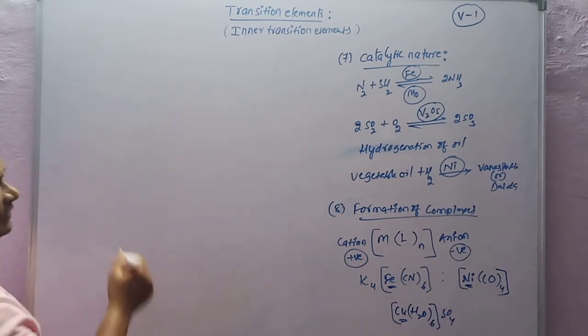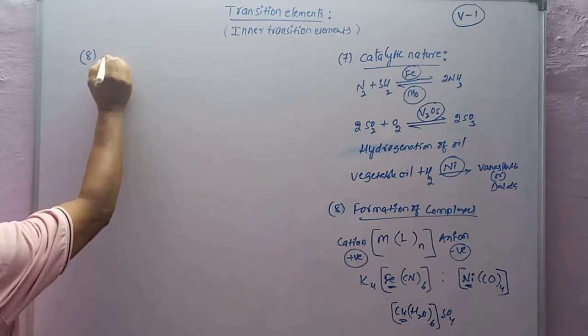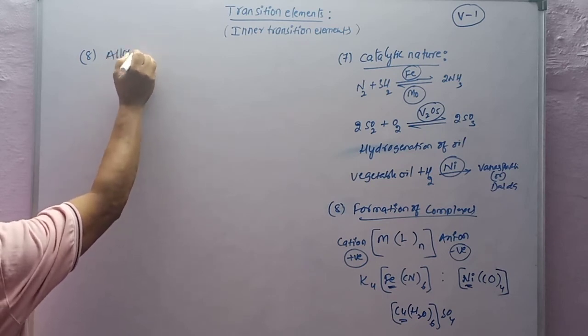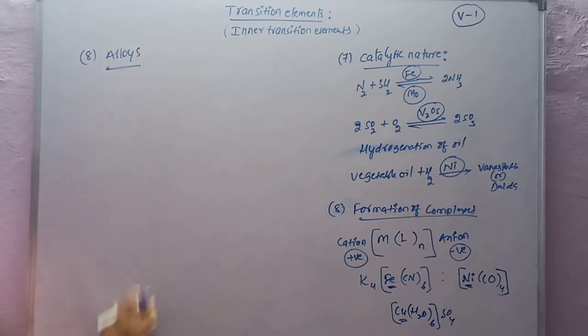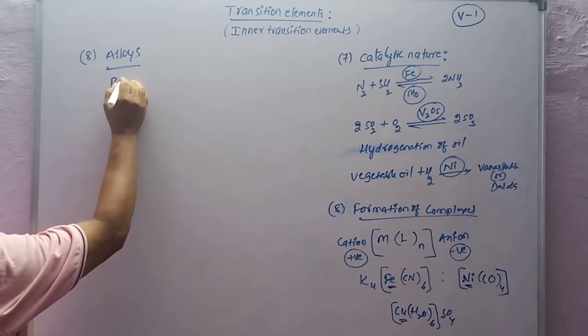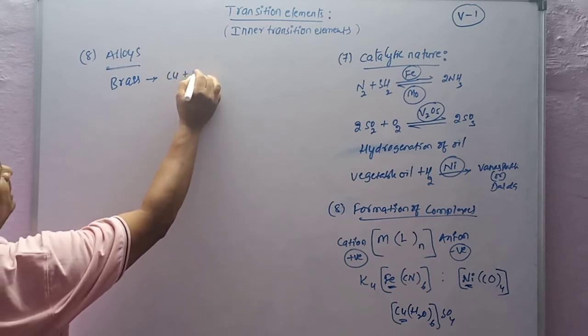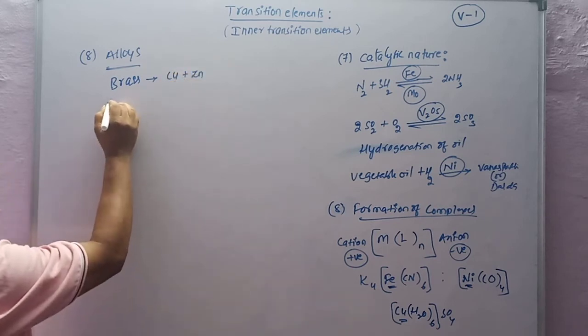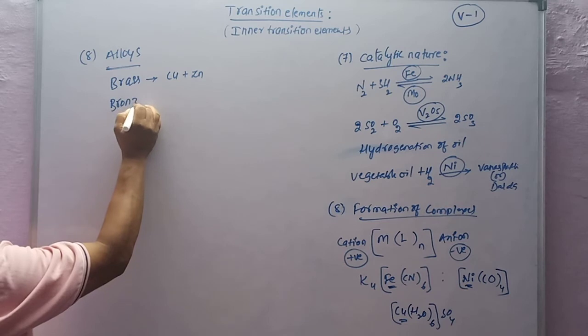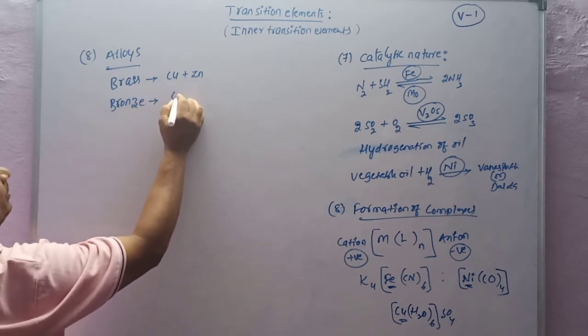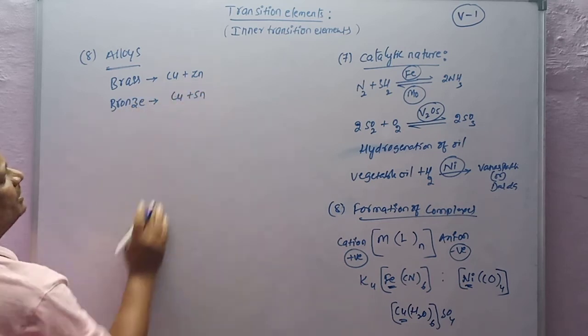What is alloy formation? Alloys are a mixture of metal with metal or metal with non-metal. Simply, brass is an alloy of copper plus zinc. Bronze is an alloy of copper plus tin.